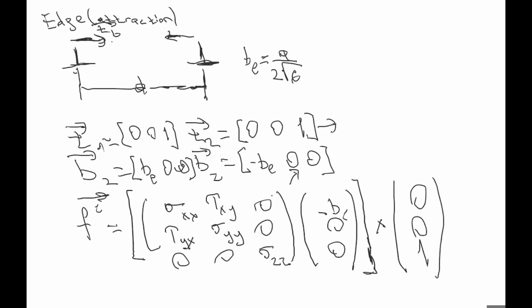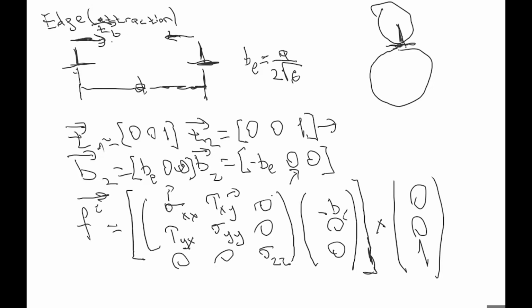And do you guys remember what is sigma XX and what is tau XY? So if we have an edge dislocation, it has a stress field itself. It has some compressive stress fields and tensile stress fields, correct? And also we have some shear stresses on XY. Do you guys remember this? Maybe you can just go ahead and Google what is the stress field of edge dislocation. Can you Google it for me?